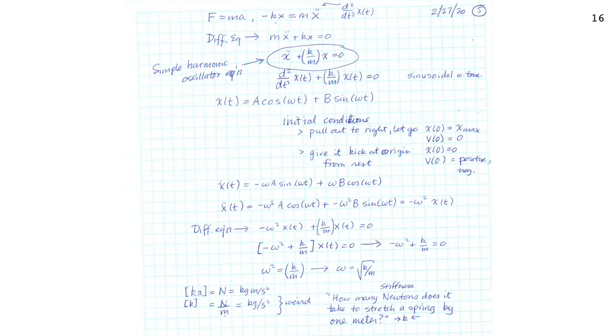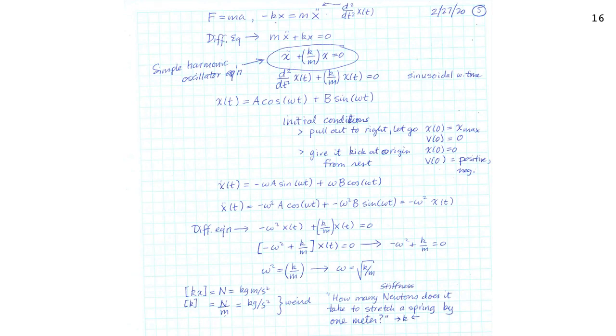X double dot is equal to minus omega squared times a cosine of omega t. Now this one brings out the minus sign in the second derivative.